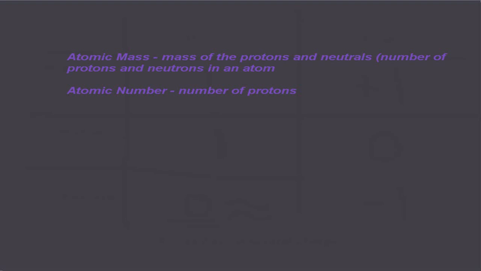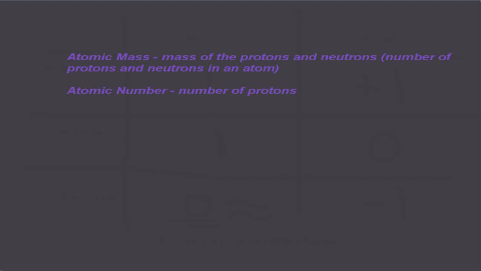So the main point here is the atomic mass is the mass of the protons and the neutrons together, and the atomic number is the number of protons.